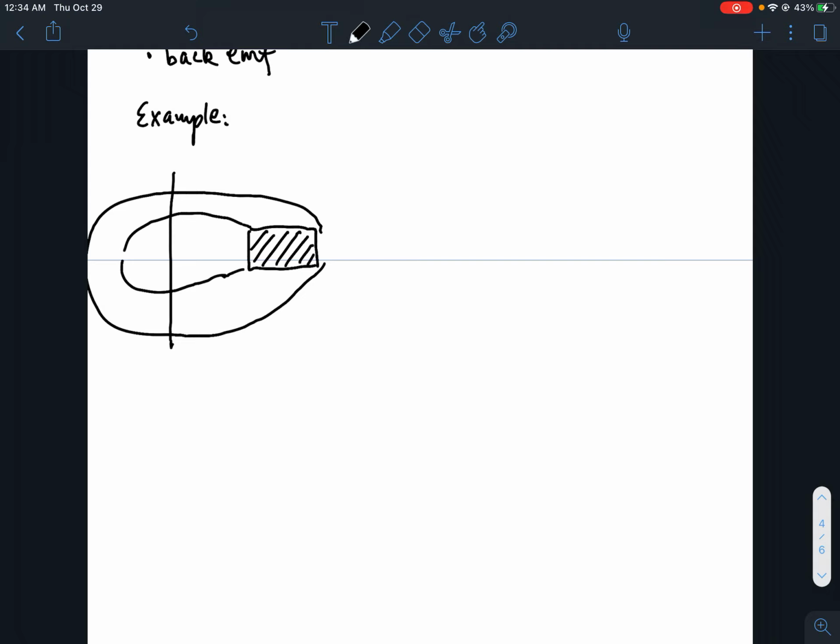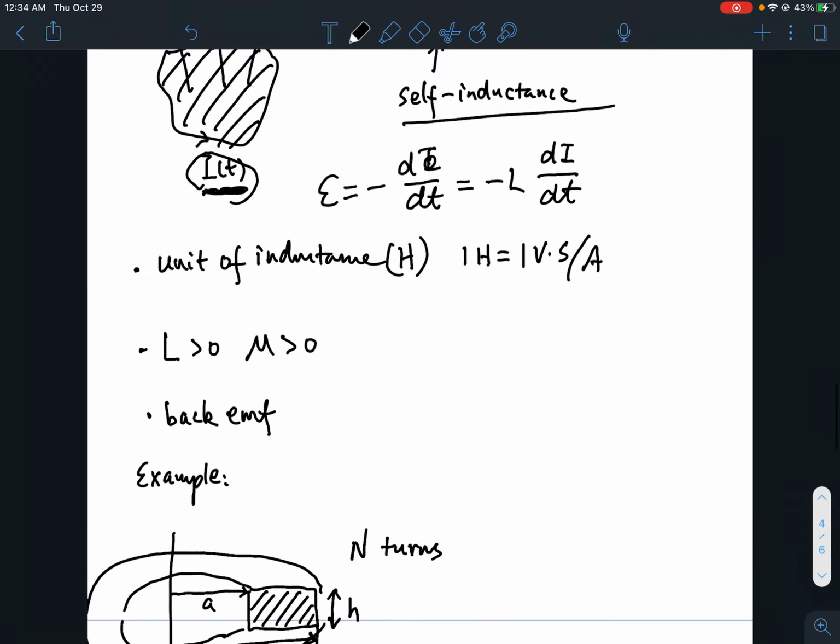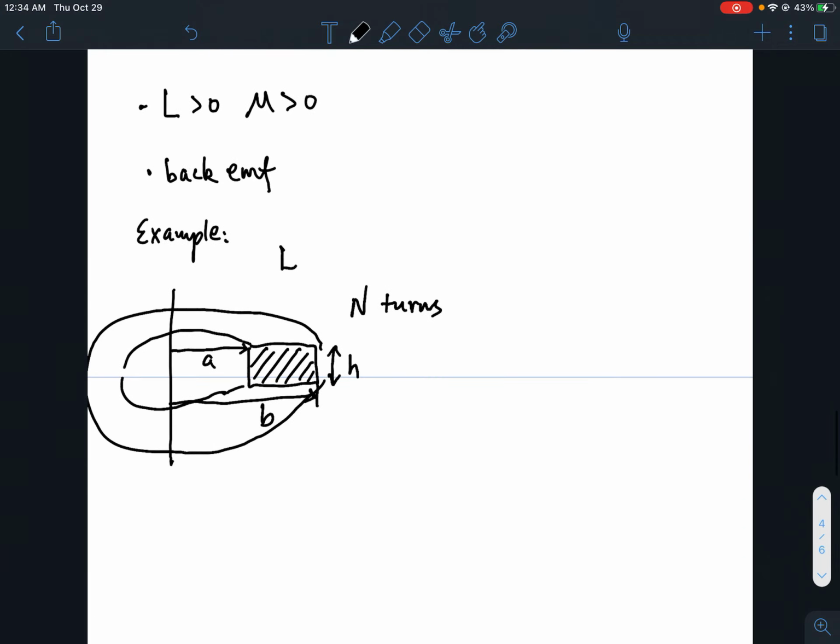Let us assume this cross section is a rectangular shape. The inner radius is a, the outer radius is b, the height is h, and there are n turns. We want to calculate the self-inductance.